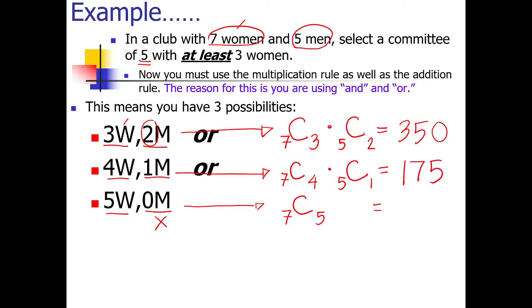Okay. What about 7 combination 5? 35. And what do you do with all of these? You add these numbers. That 350, 175, and 35, you add them all.